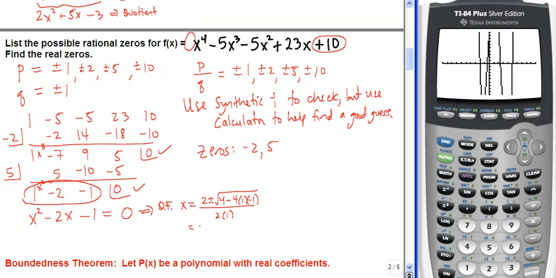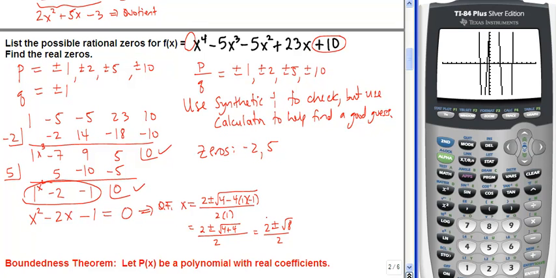So let's simplify. We get 2 plus or minus, we're going to get a 2 in the bottom, and under that radical we're going to get a 4, and a minus becomes a plus 4. So this is 2 plus or minus square root of 8 all over 2.